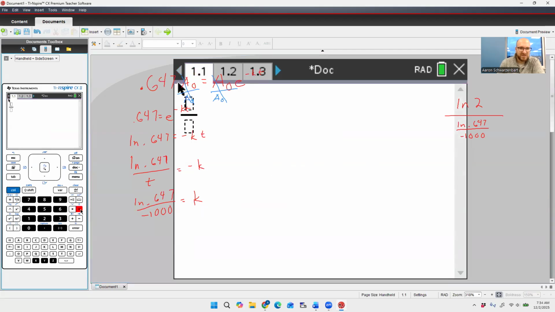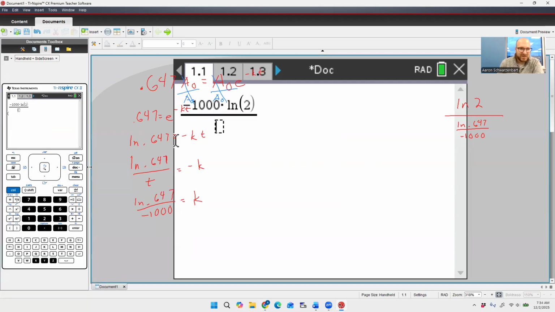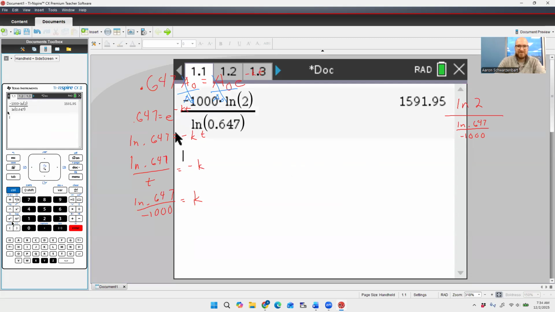I need to be on a calculator screen. Negative 1,000 times ln 2 divided by ln 0.647. My half-life is 1,592 years.